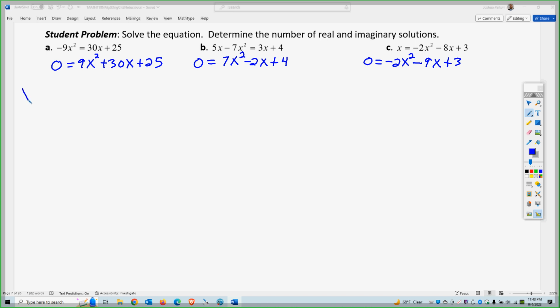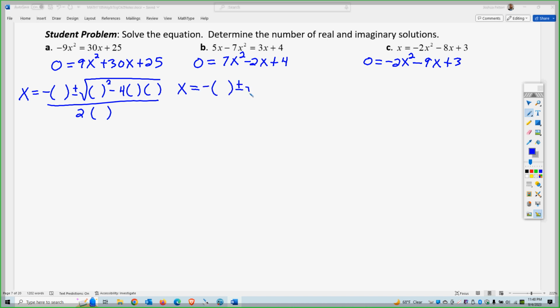All right, so the quadratic formula, x equals -b plus or minus the square root of b squared minus 4ac all over 2a. My line's a little wonky there, but that's okay. We'll fix that in the next step. So -b plus or minus the square root of b squared minus 4ac all over 2a.